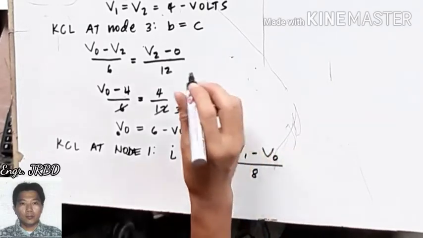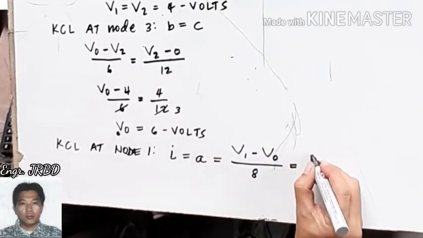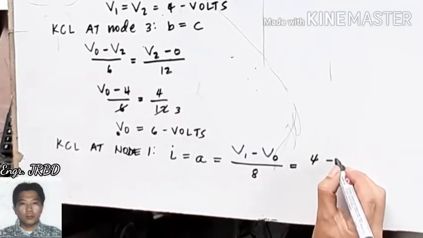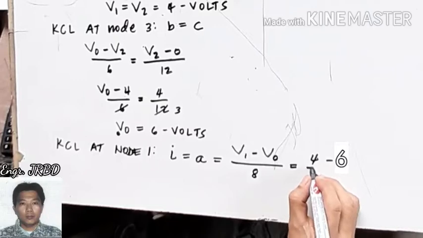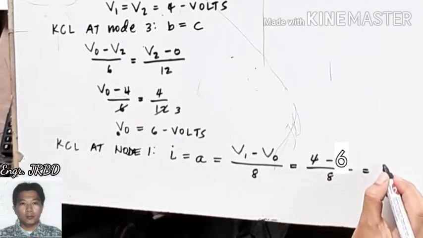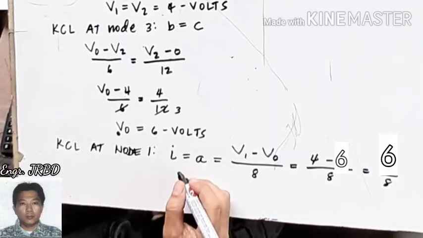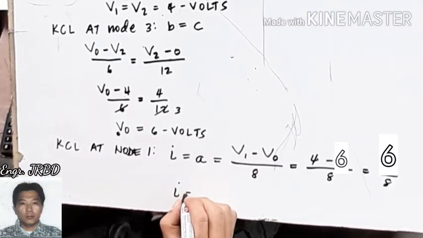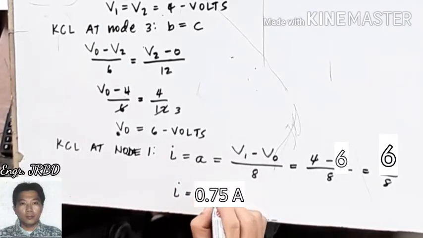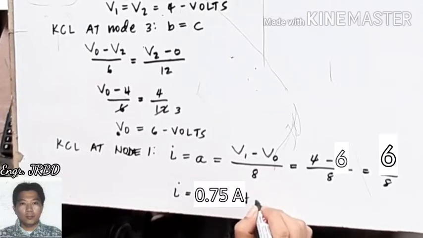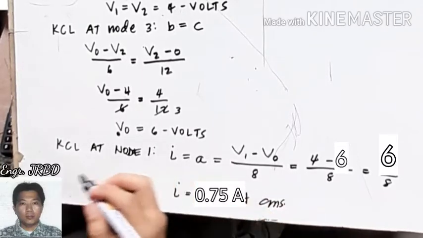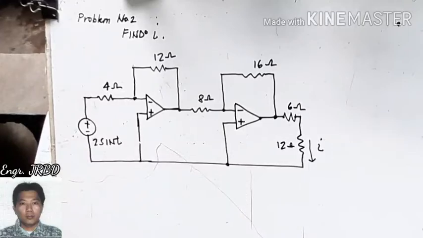V sub 1 is already given, that is 4 volts. V sub O is 6, divided by 8. So that is 2 all over 8. Your I is 0.25 amperes. Right? Okay?